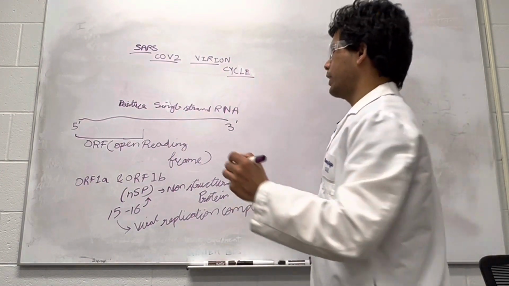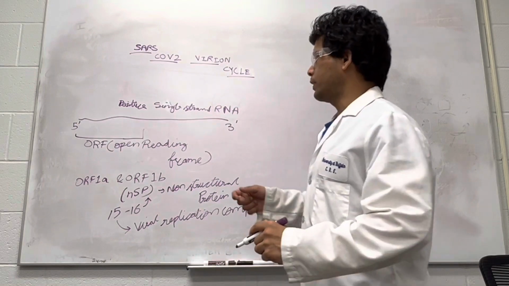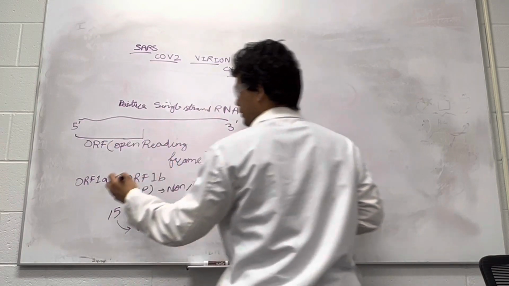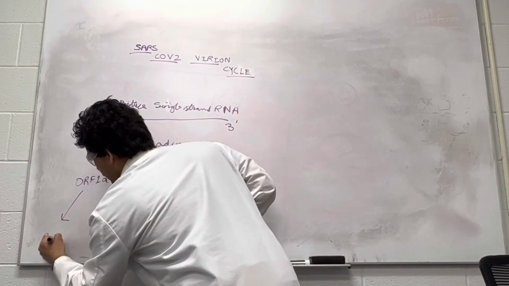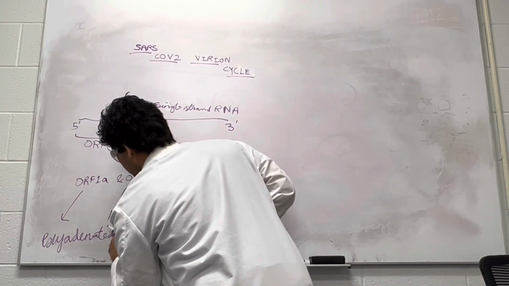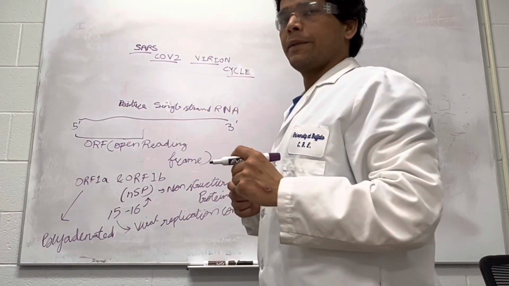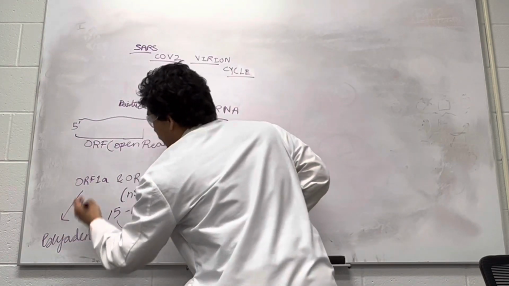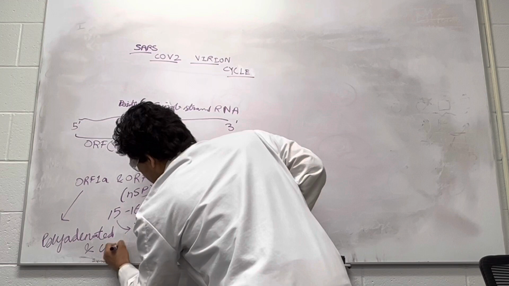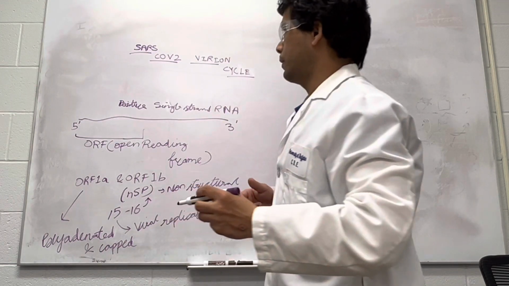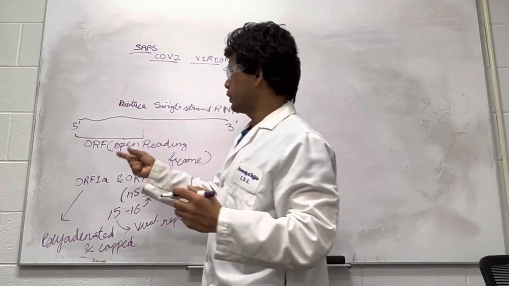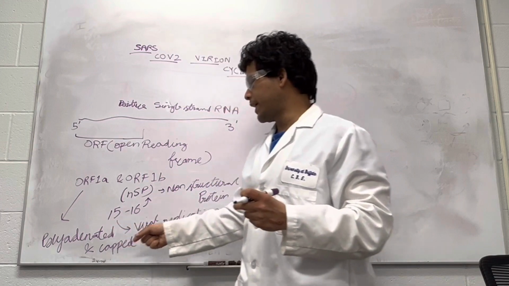Apart from this, most of the open reading frame 1A and 1B comprises polyadenylated and capped RNA.